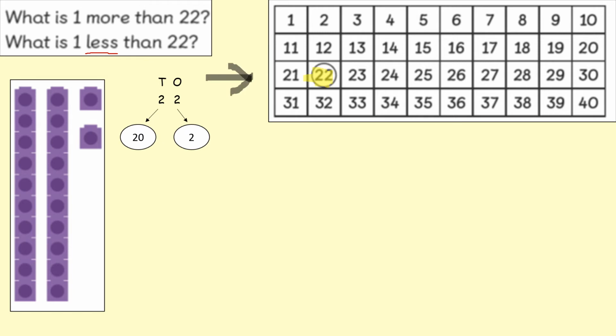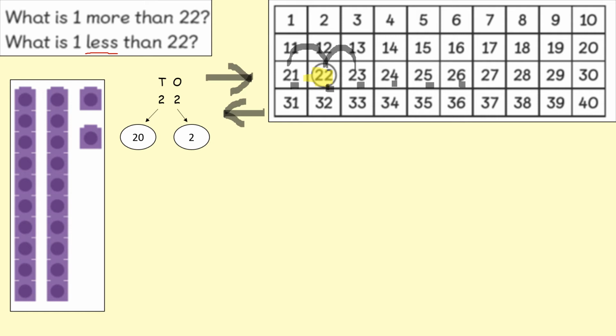We go this way, and you'll see the numbers in the ones column get bigger. If we went the other way, they'd get smaller, and that would be less. So 1 more than 22, we need to do 1 jump, and look, we land on 23. If we want to find 1 less, we go this way because the numbers in the ones get smaller, and 1 less than 22 was 21.